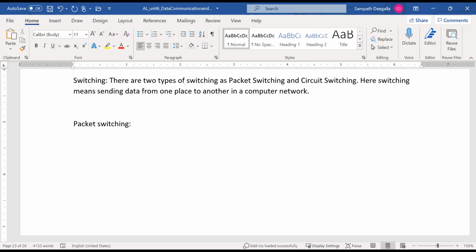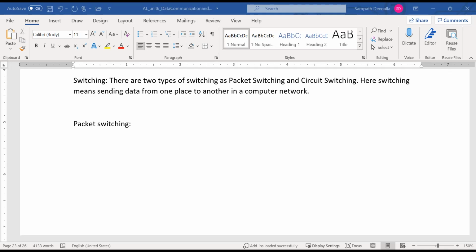That's what we see in packet switching. So basically you break data into packets. Let me show you an animation of how this will happen.